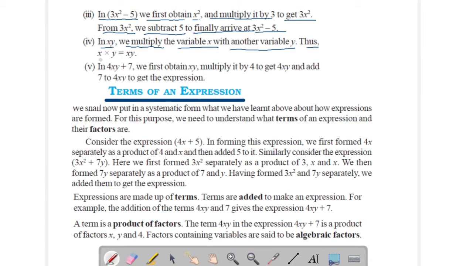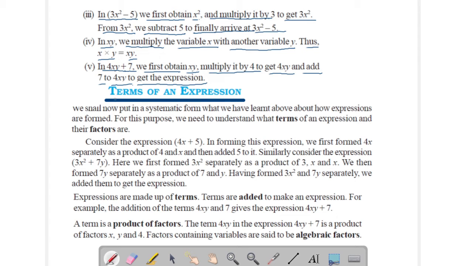Thus, x into y equals xy. Now fifth, in 4xy plus 7, we first obtain xy, multiply it by 4 to get 4xy, and add 7 to 4xy to get the expression.